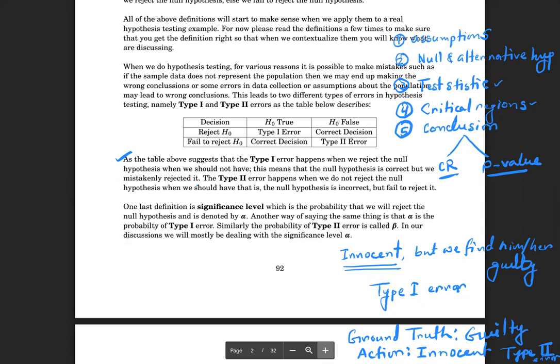Another thing we need to know: type 1 error is associated with the significance level, also known as alpha. And type 2 error is also called beta. Beta is not associated with the significance level; it's rather associated with a bigger region.